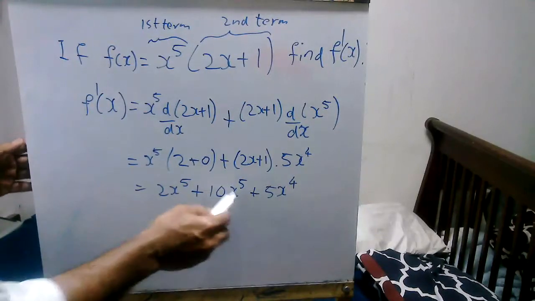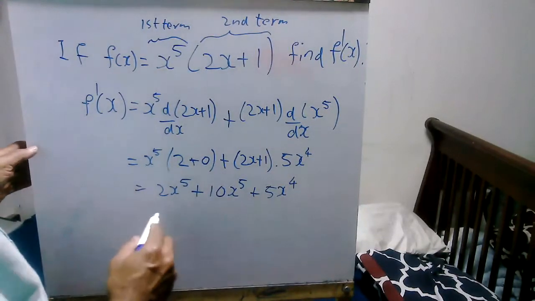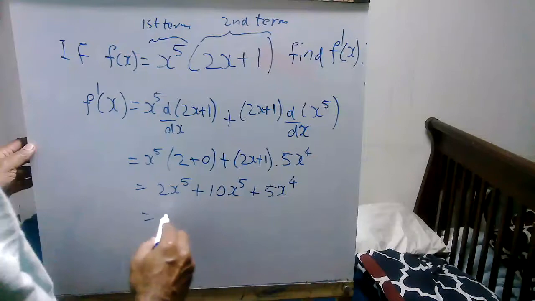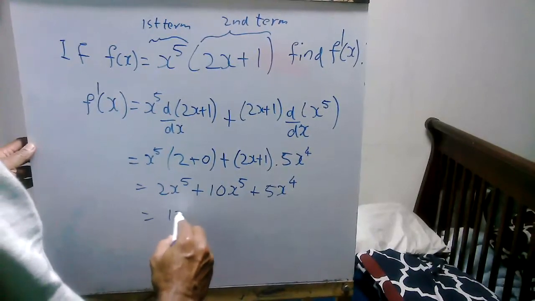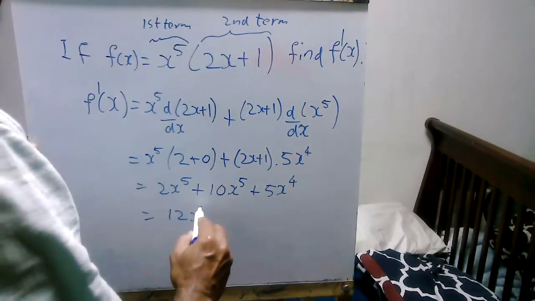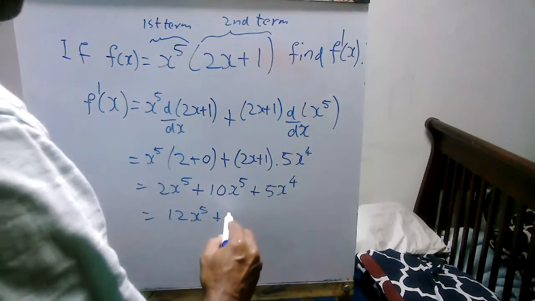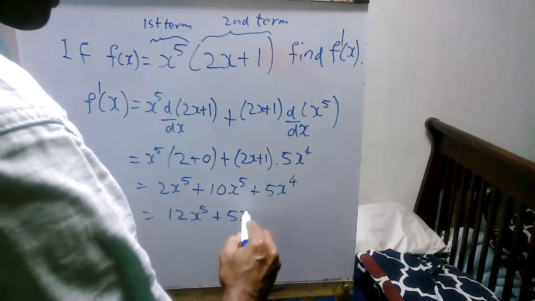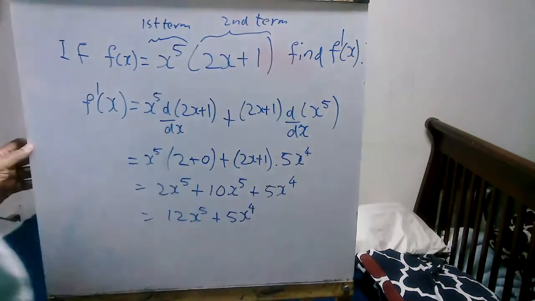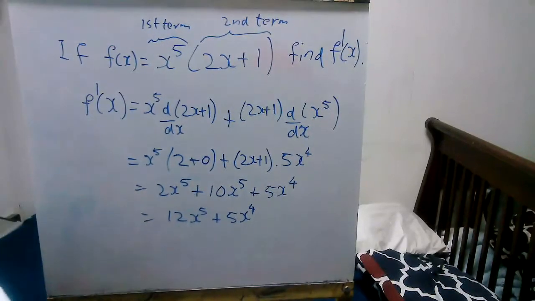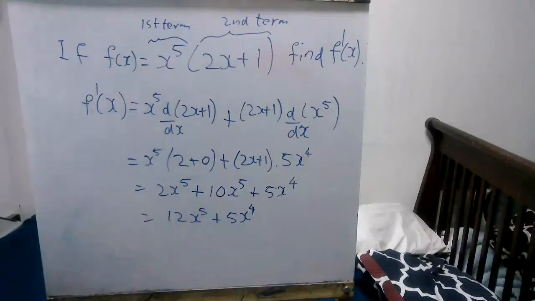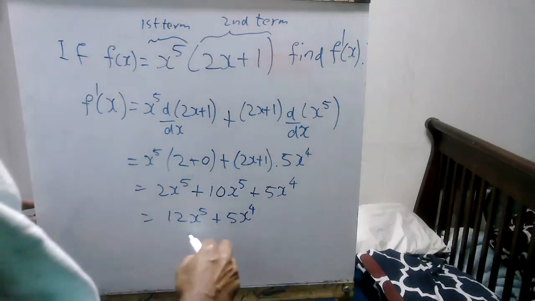X to the power 5, x to the power 5, combine like terms: 12 x to the power 5 plus 5 x to the power 4. Okay, that's it. You cannot simplify any further. This is the final answer.